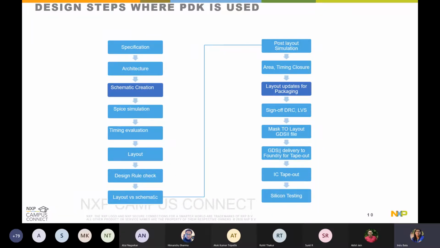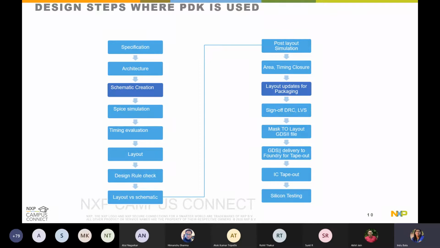Then for post layout simulation, after your layout versus schematic comparison, you extract your device using the foundry provided extraction deck, which contains the process info and the design rules. It defines, for example, for metal to metal within a particular spacing, how your caps or resistances will differ for a particular geometry.